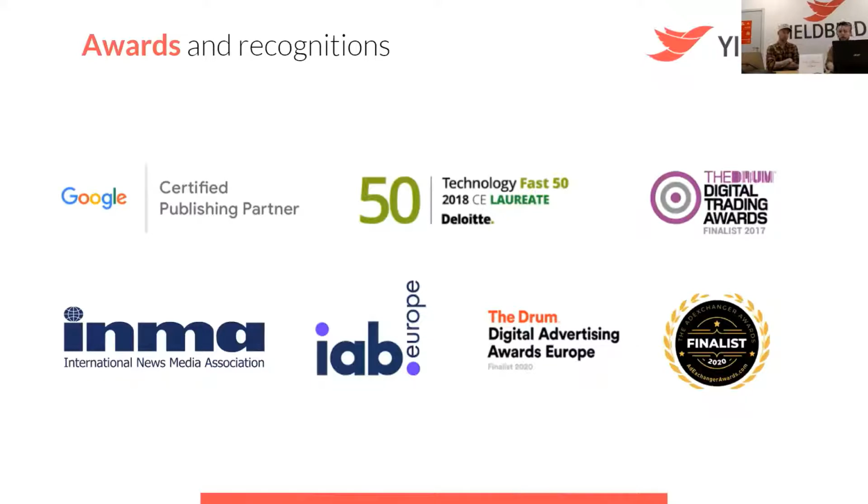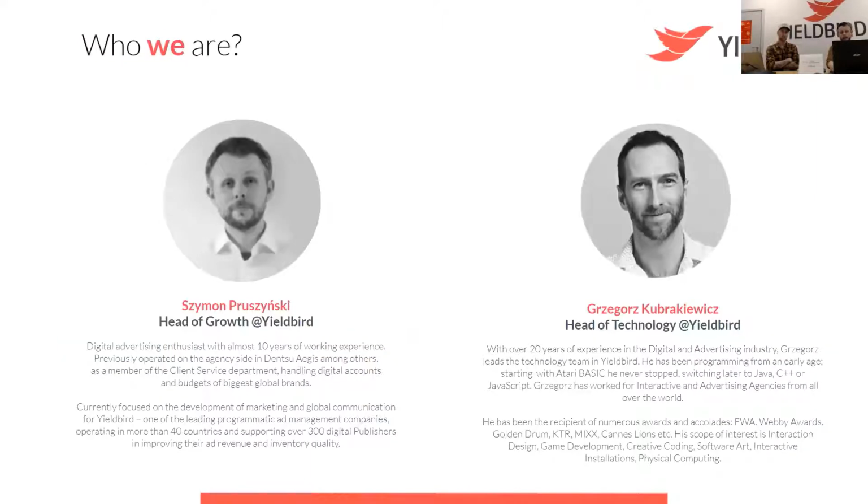Some of the Drum awards for AdOps excellence and for our sell-side innovation excellence. We are part of IAB Europe and INMA because we want to be really close to publishers. We are a part of a really big publishing group in Poland, so we are a publisher by DNA. And yeah, this is it.